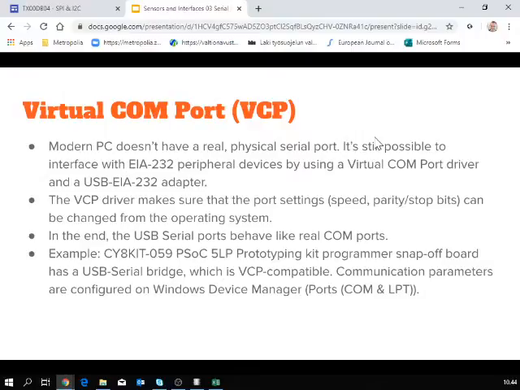But the laptops have had USB, and since USB 2.0 there has been the virtual COM port, VCP. And that's what you have been using on the computer end to communicate with that one.